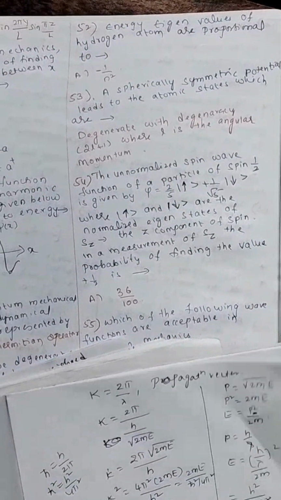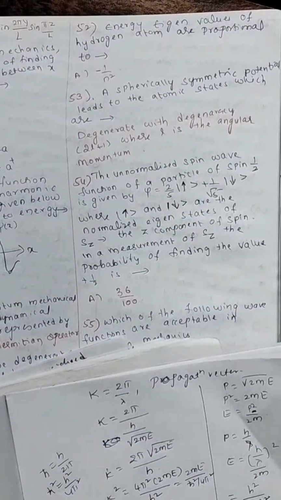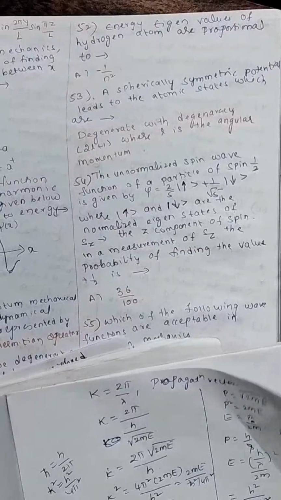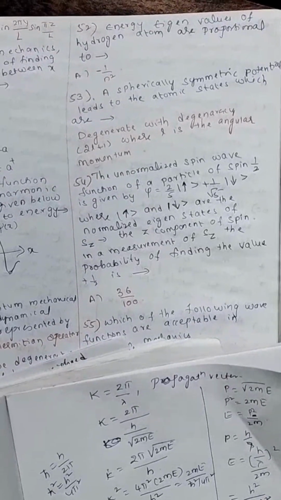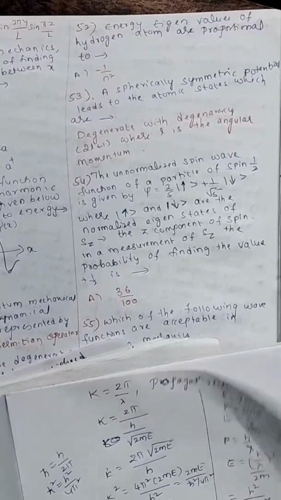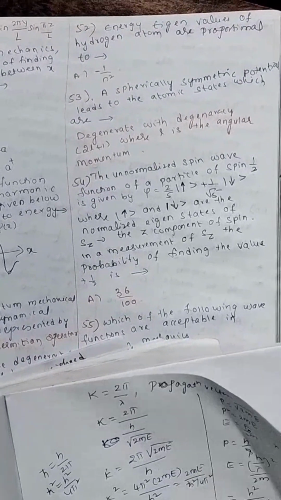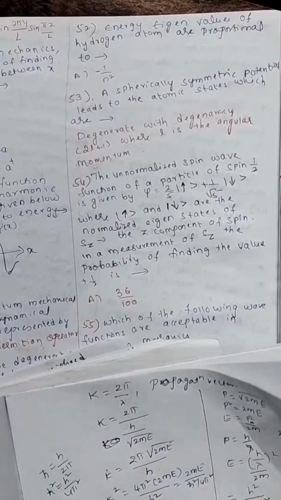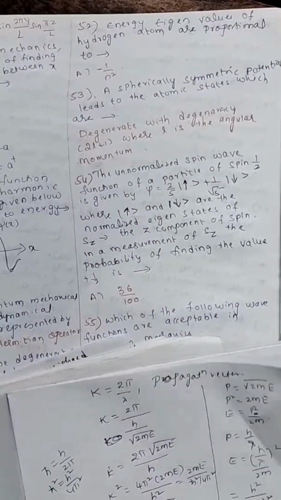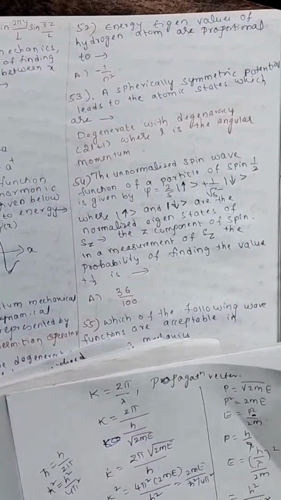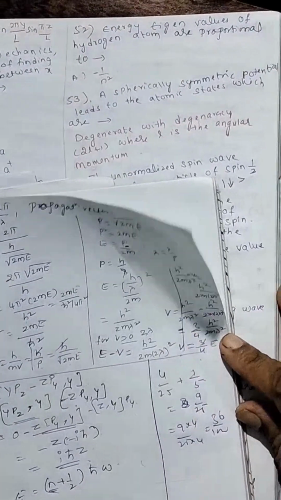Here, what he said, the probability of finding the value one is 4 by 25 plus 1 by 5. So we will get 9 by 25. 9 into 4 by 25 into 4, if we do 36 by 100, we will get.